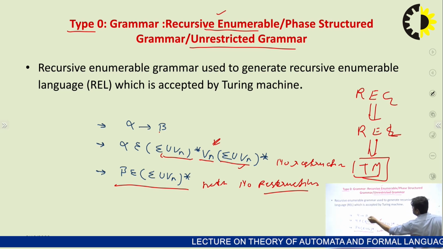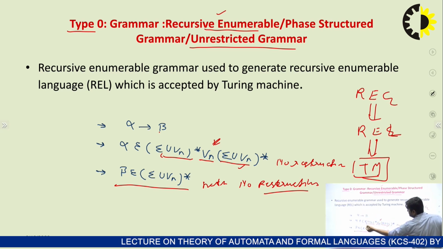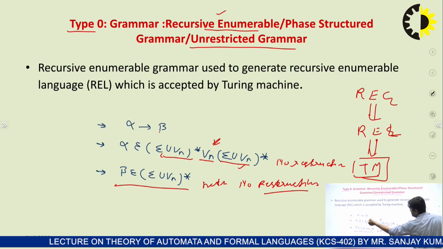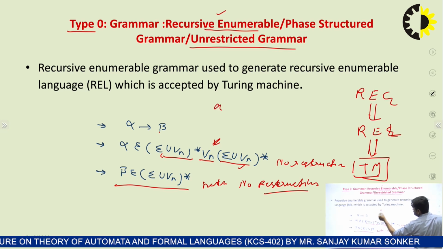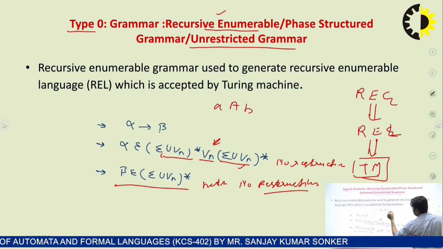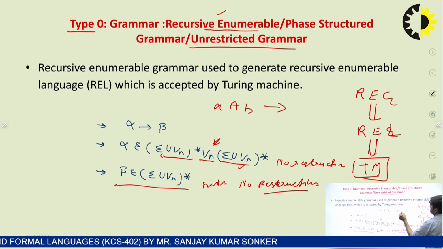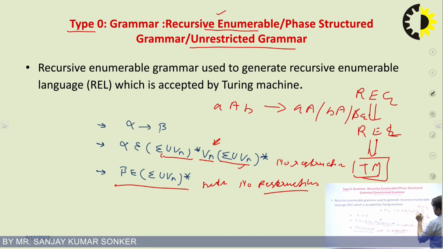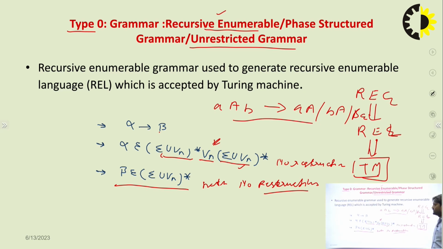There is no restriction on the left hand side. We use (sigma union Vn) star, we can also use epsilon, or we use A, B, and on the right hand side there is no restriction. We generate AA and BA, that is a universal, unrestricted grammar.